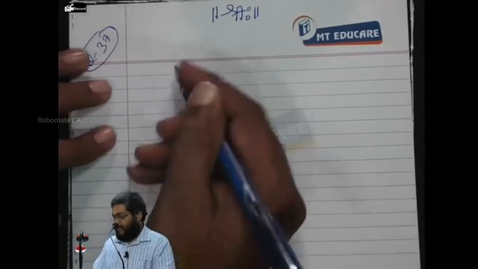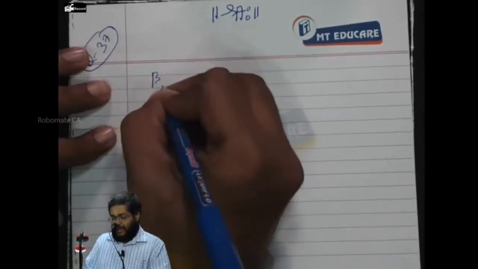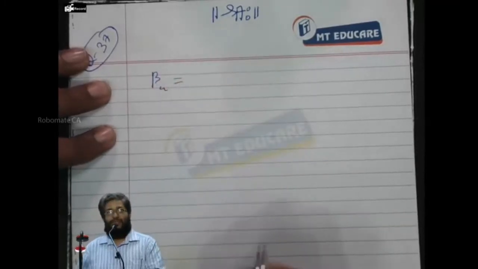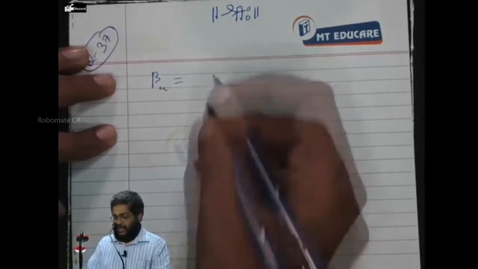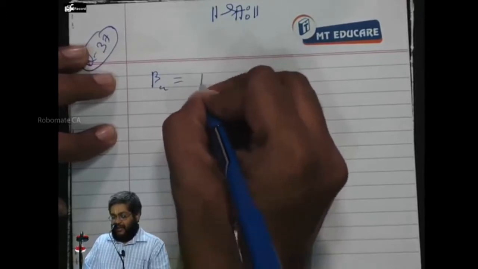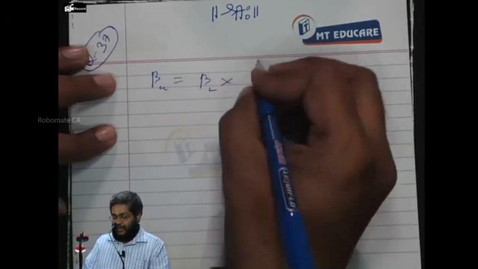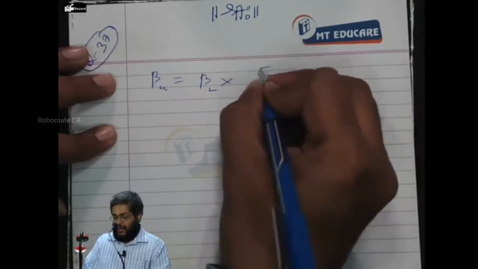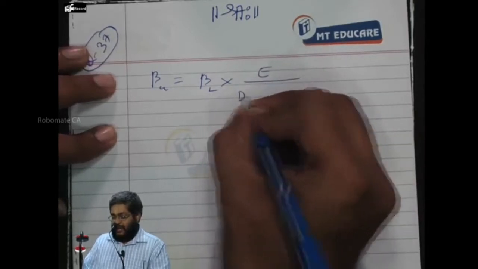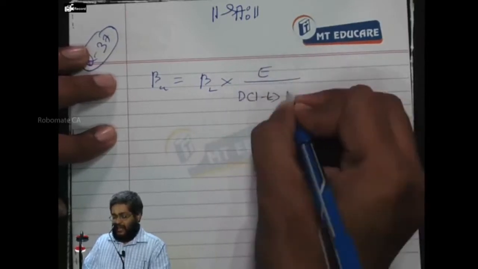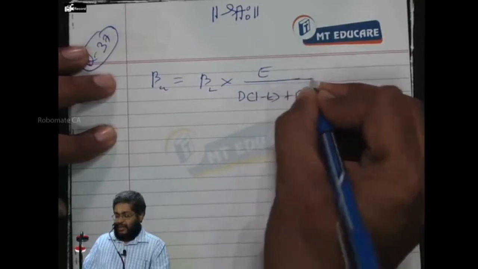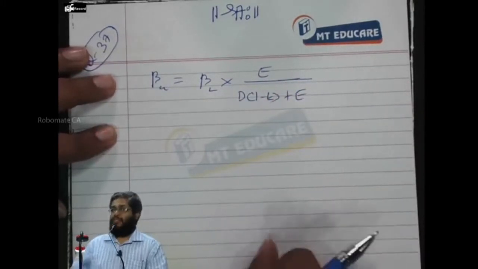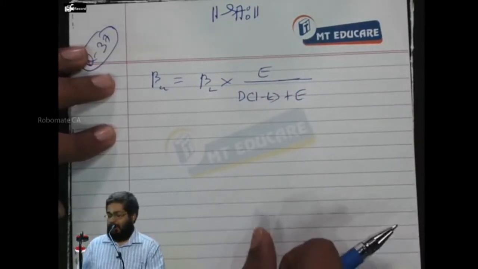Now write the formula. Beta unlevered is equal to beta levered into equity divided by debt into 1 minus t plus equity.